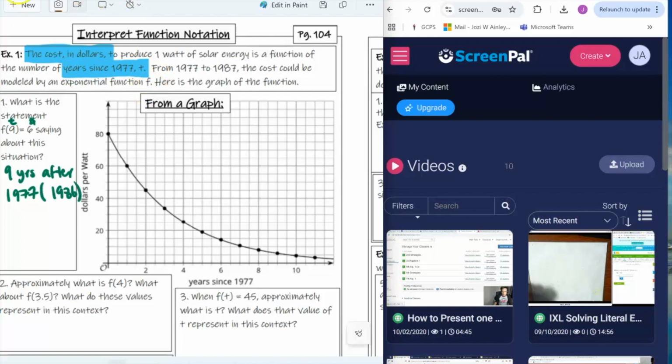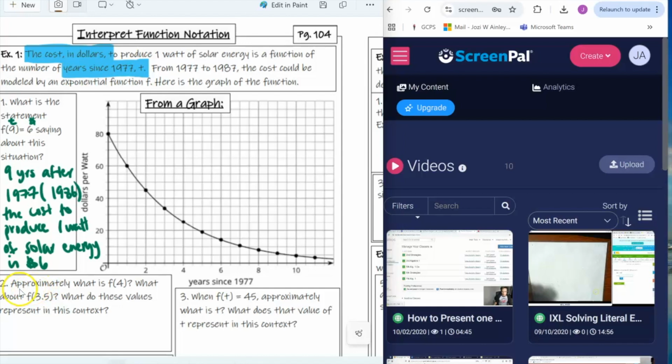After 9 years, the cost in dollars to produce 1 watt of solar energy is $6. Okay, so once you've labeled that this is T and this is the dollars, you just have to put it in the sentence that it's using.